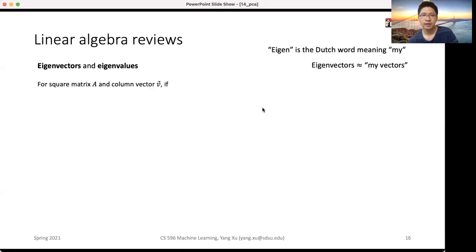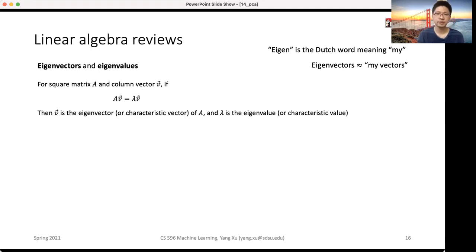What it means is that, given a square matrix and a column vector, if we multiply that matrix with the vector, it will not change the direction of that vector. It is only equivalent to applying some factor, some number lambda, to it.